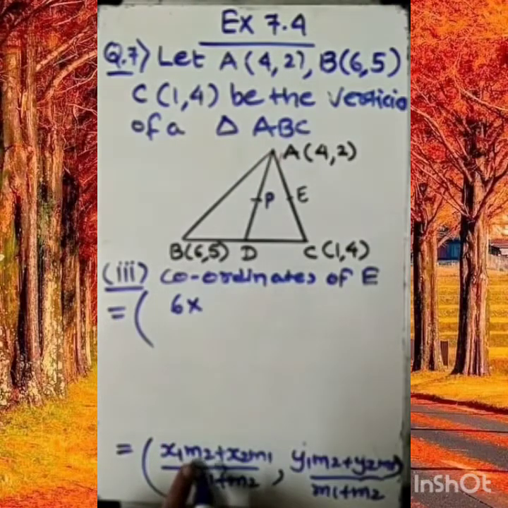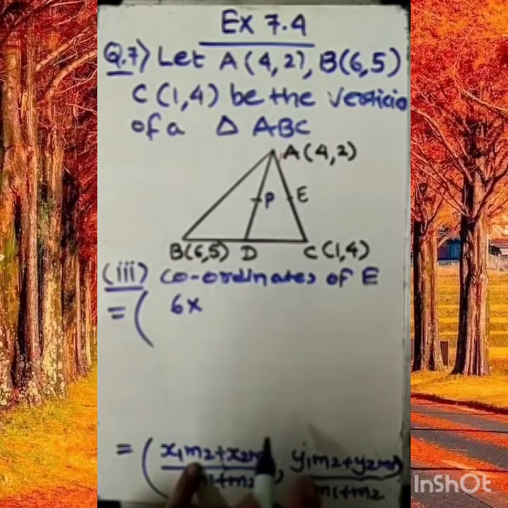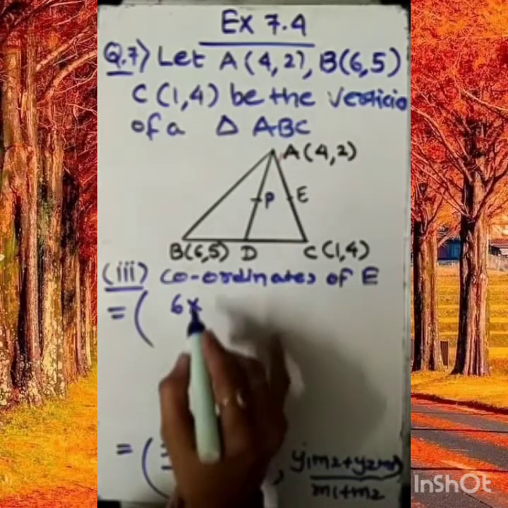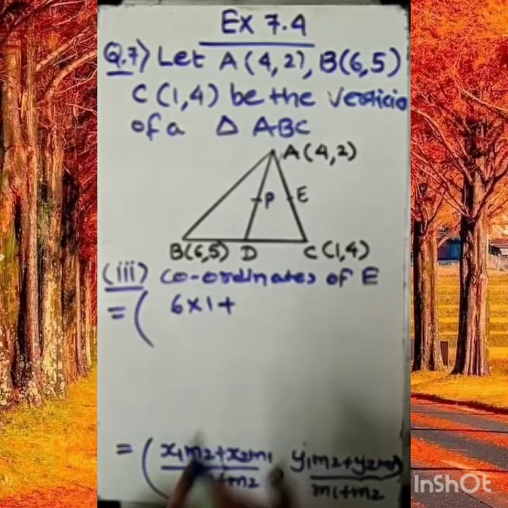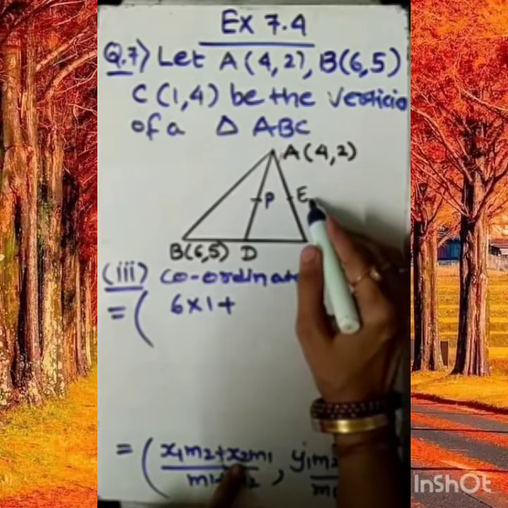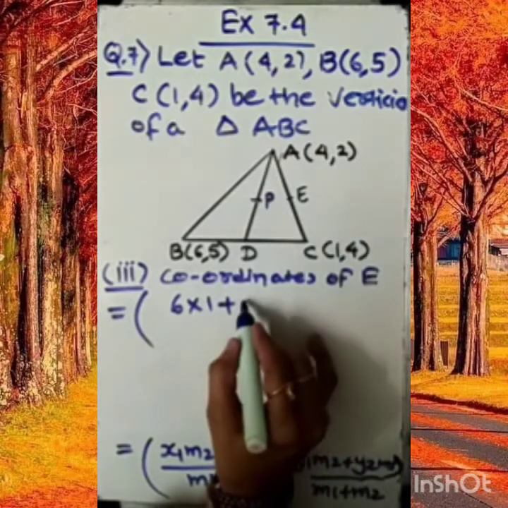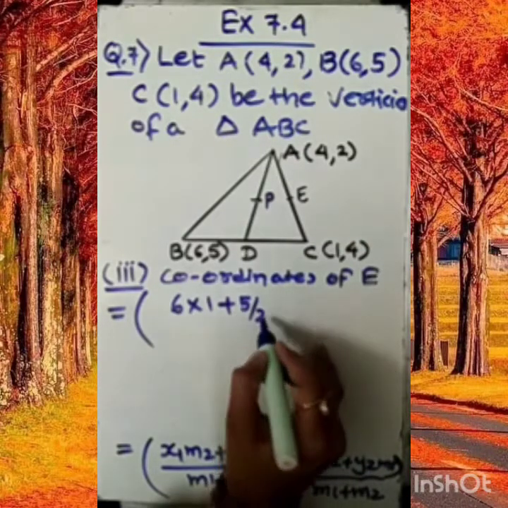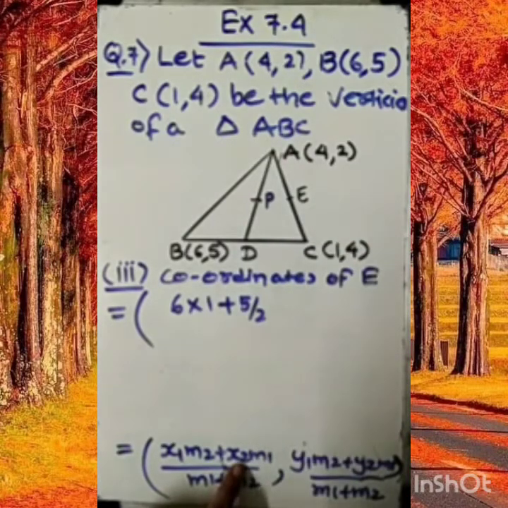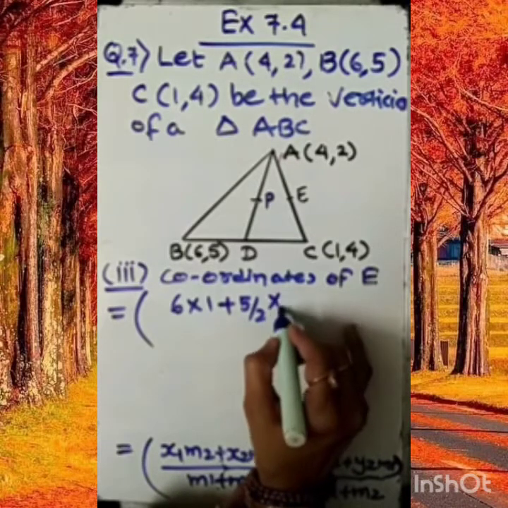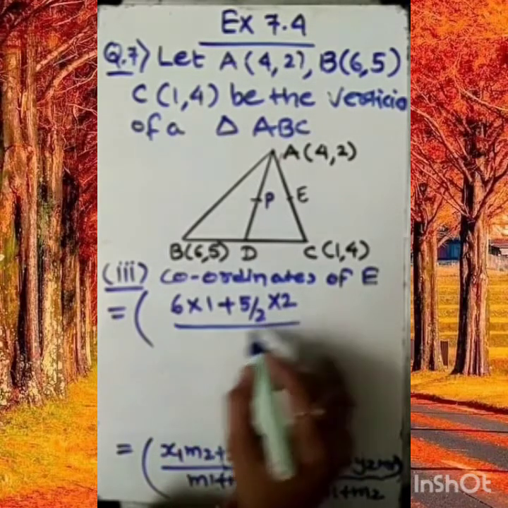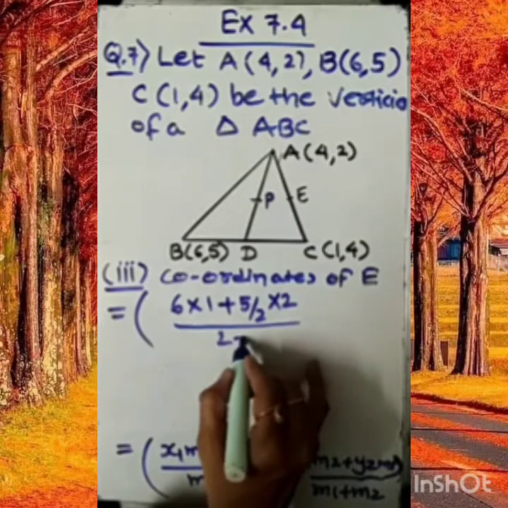The ratio was 2:1, right? So according to that it will be 1 plus x2. What was x2? According to this E point, the coordinate we already found, that is 5/2. So I need to write 5/2 here, and along with that m1, that is 2 here, and m1 plus m2, that is 2 plus 1, comma.